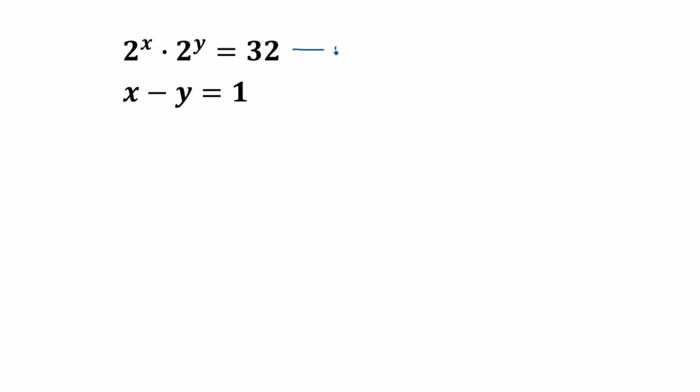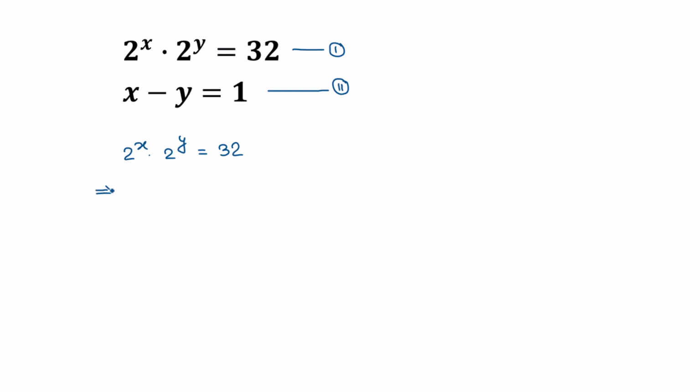Consider this equation as equation number 1 and this as equation number 2. Now from equation 1, we can write 2 to the power x times 2 to the power y is equal to, right side is 32.